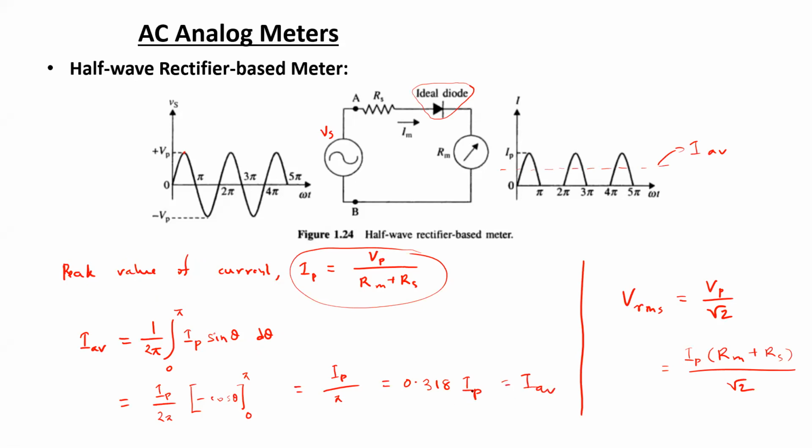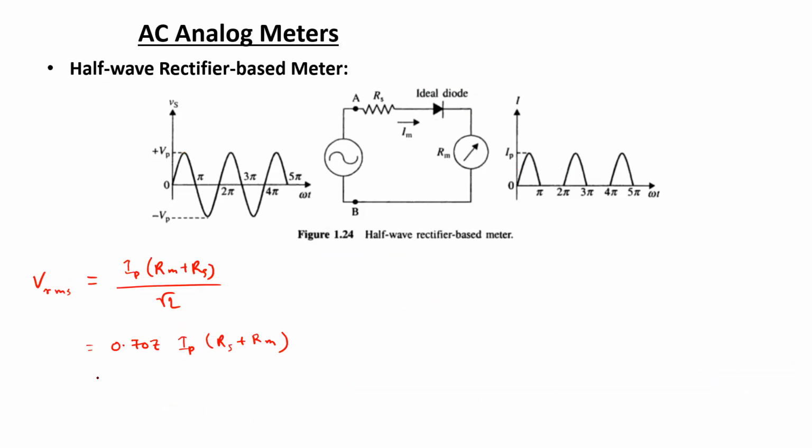So we can replace Ip in terms of IAV. So if we do so, from here we can write it as 0.707 divided by 0.318 into I average into Rs plus Rm. Further, we can write it as 2.22 into I average into Rs plus Rm.